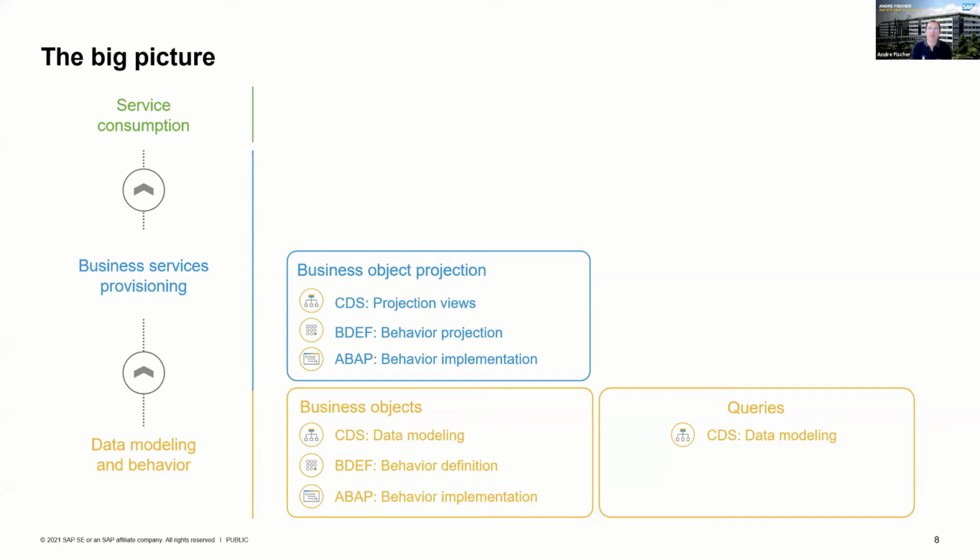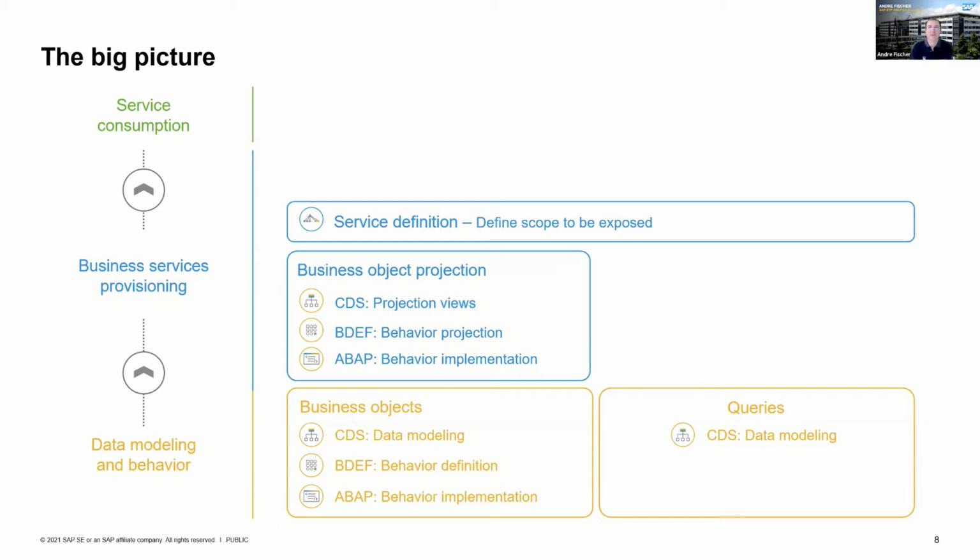The same is then true for the behavior. So you could define a behavior built on a business object that you have built that supports each and everything, create, update, and delete. You may decide to have a scenario where only updates are allowed. And again, there is a layer where you can implement the behavior using ABAP code.